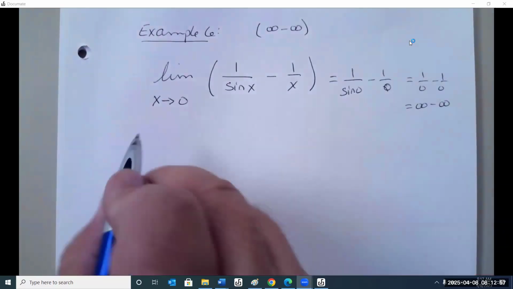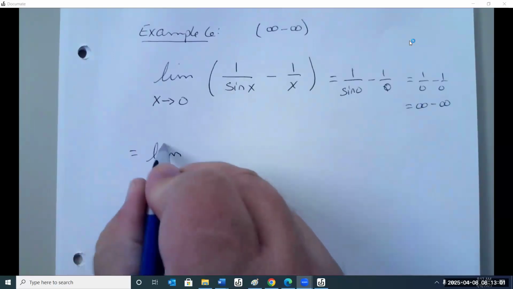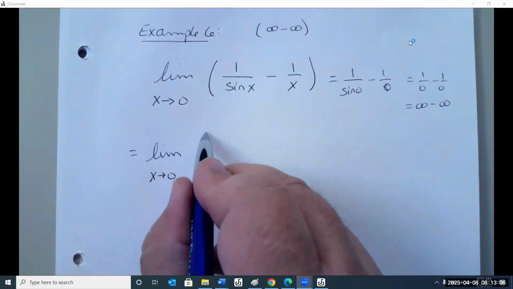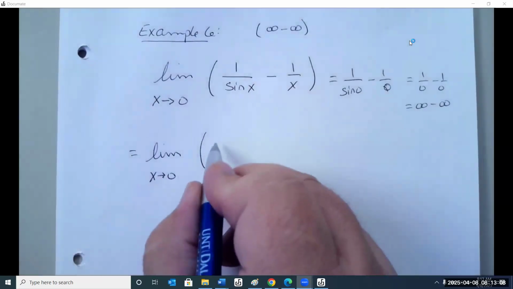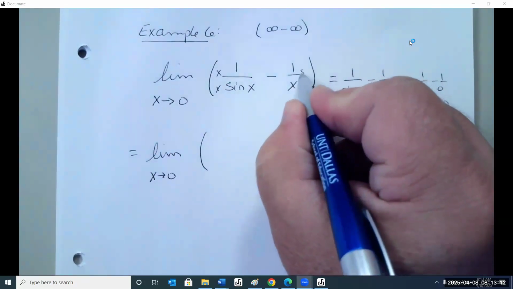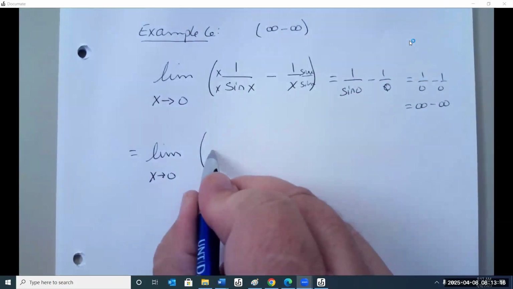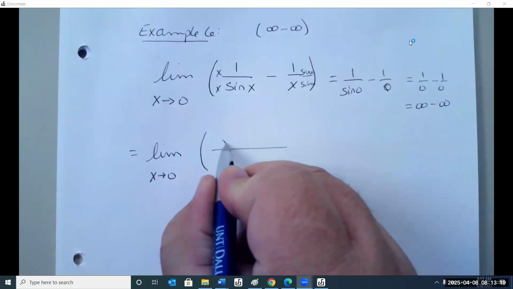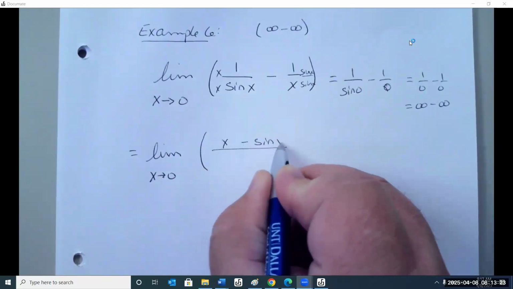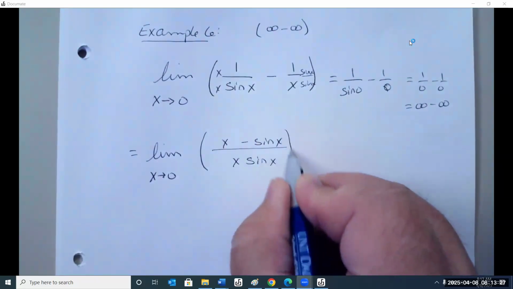So what we can do is combine these two. If we combine these two, we have to get an x over x and a sine x over sine x. So it becomes x minus sine x over x sine x.